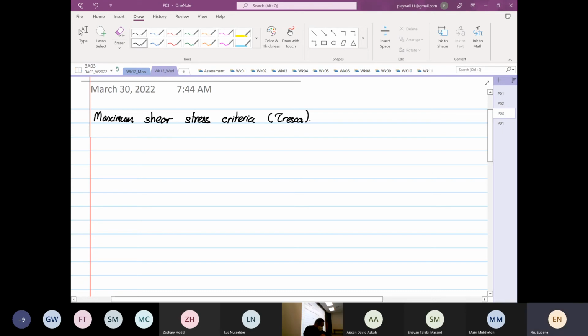And then if we were to write an expression, it is tau max is equal to stress Y divided by 2. This is equation number 1, where stress, capital Y, is our yield strength.